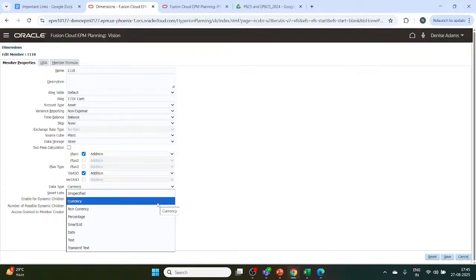Like currency is generally used for sales data, like the sales amount we received in the form of currency. Like we have sold 50 lakh rupees of goods, so INR is a currency. So we can choose the currency data type here.